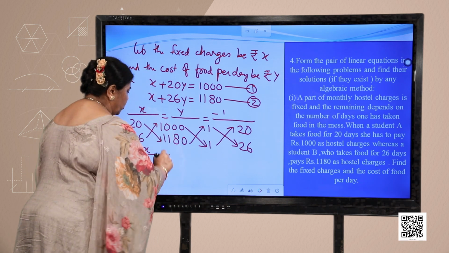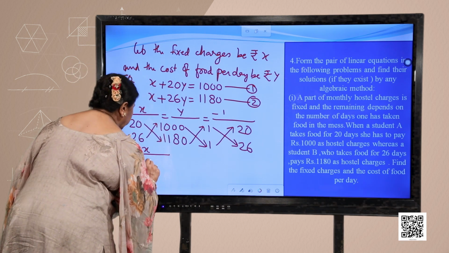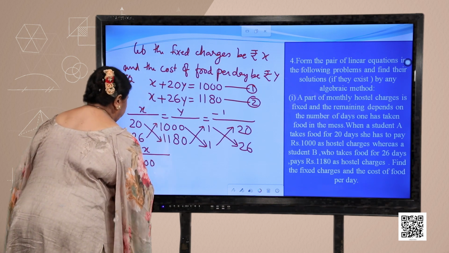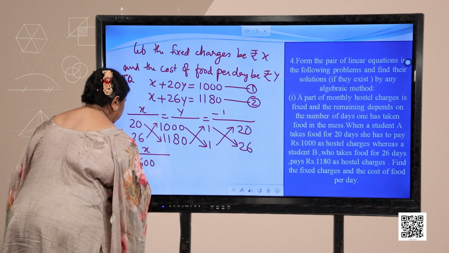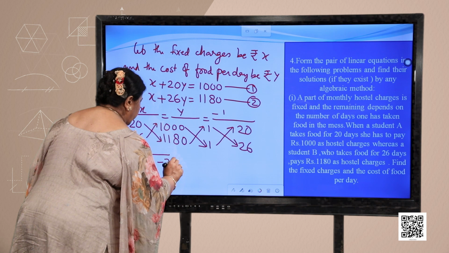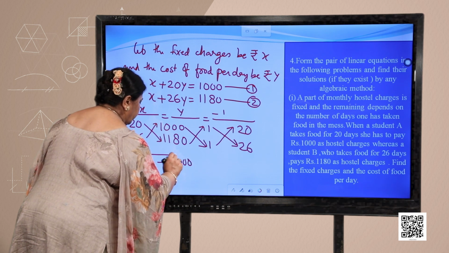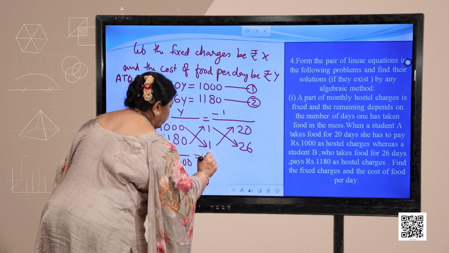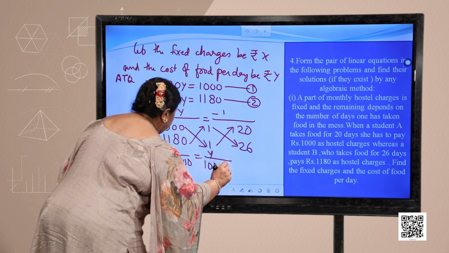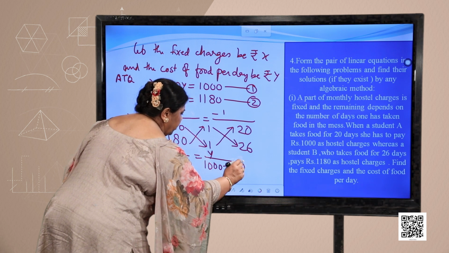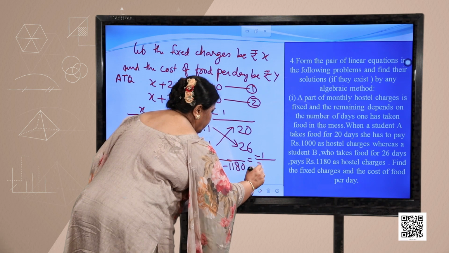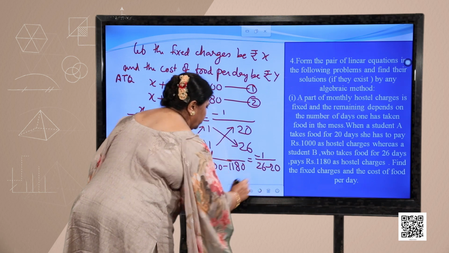Now, 20 into 1180 gives me 23,600, minus 26,000 is equal to y upon 1000, minus 1180 is equal to minus 1 upon 26 minus 20.